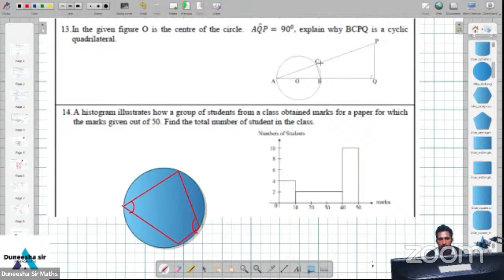Then this angle how much? ACB equal to how much? ACB. ACB කියන එක කීයක් වෙනවද?